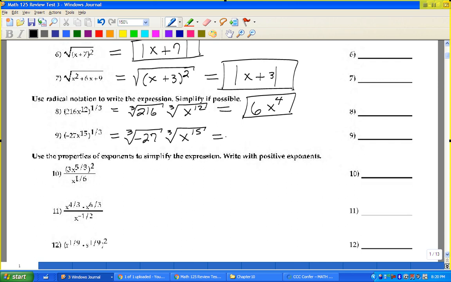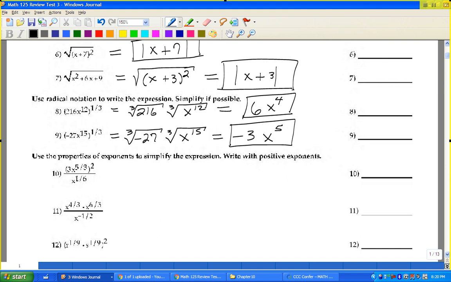The cube root of negative 27 is just negative 3, since negative 3 times negative 3 is positive 9, times negative 3 is negative 27. The cube root of x to the 15 is, well, 15 divided by 3 is 5, so x to the 5th. And so this is equal to negative 3x to the 5.